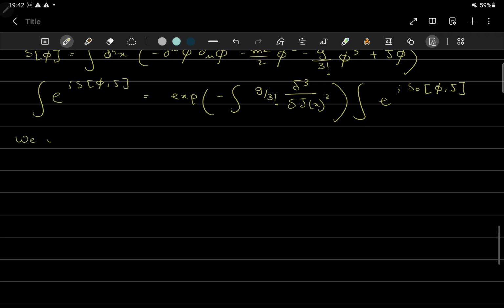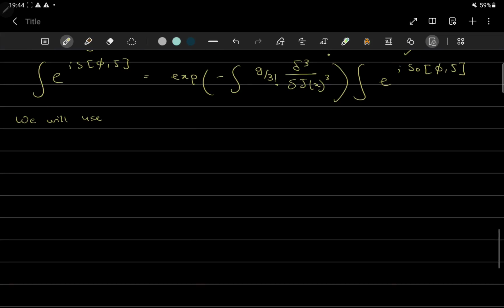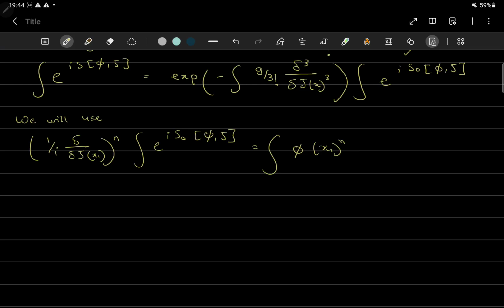Now we will use this particular expression and use the definition as follows, where if I have n number of functional derivatives acting on the exponential integration like this, you will get phi as many times as the derivative. Okay.